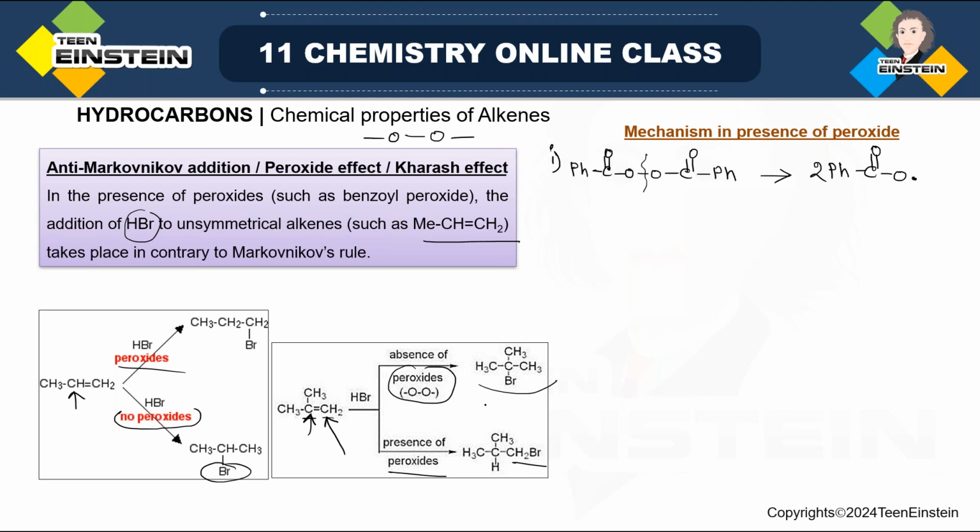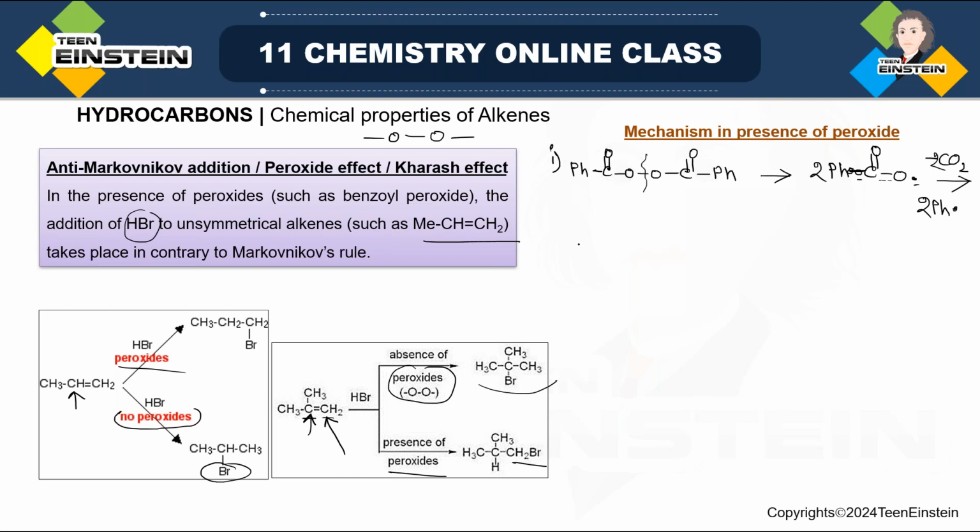Now, from this radical, look at this Ph; Ph means benzene ring. The two electrons present in this C-C bond, one electron from this side and this electron together, make a double bond here, which means now you are removing CO2. Two CO2 obviously, because we have two of these radicals. So when CO2 is removed, you will get 2 Ph dot.